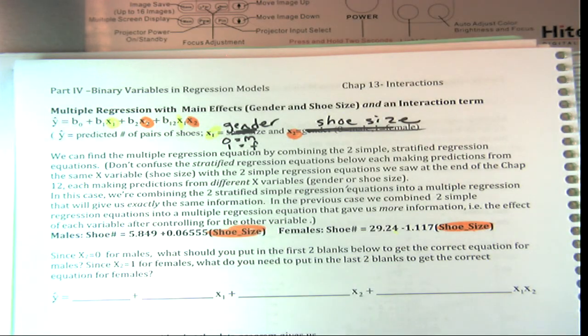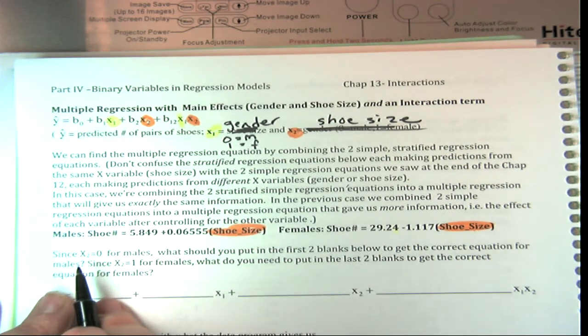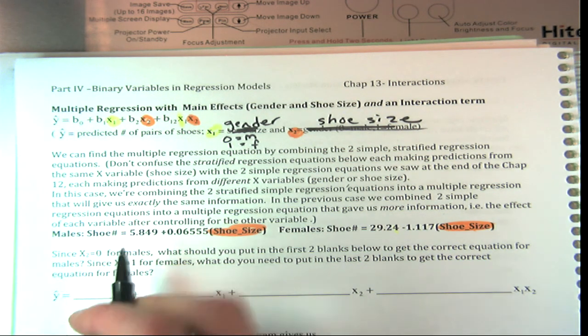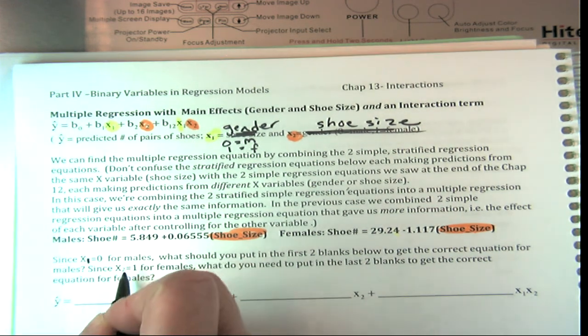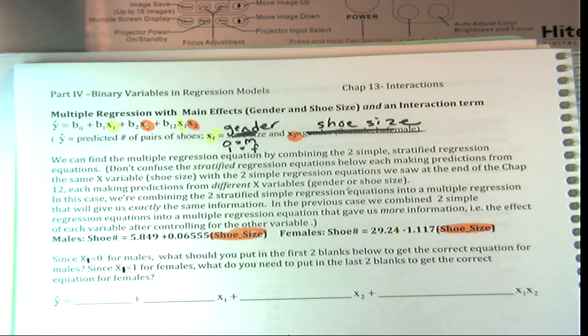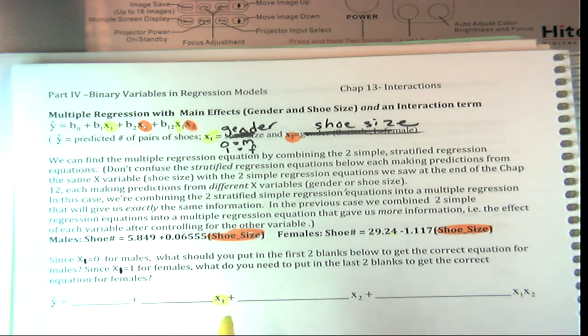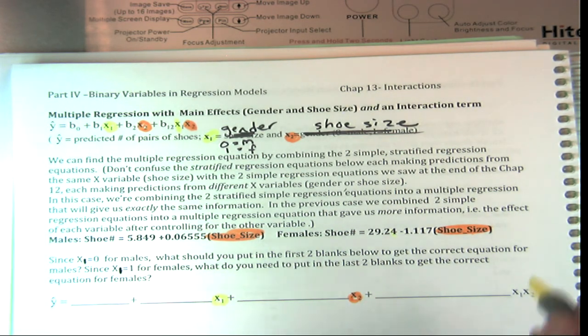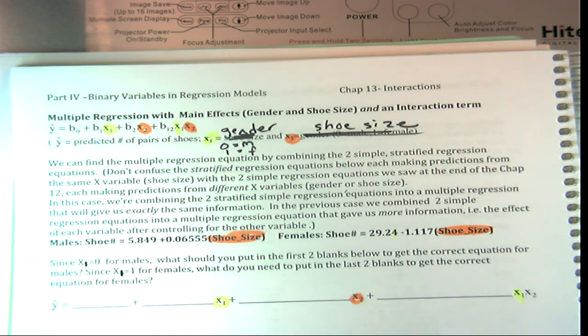So how are we going to do it? Since I changed X1 to gender, let's just do this. The X1 is, we're going to keep, that's the gender, and that's our shoe size. And this is X1 times X2.